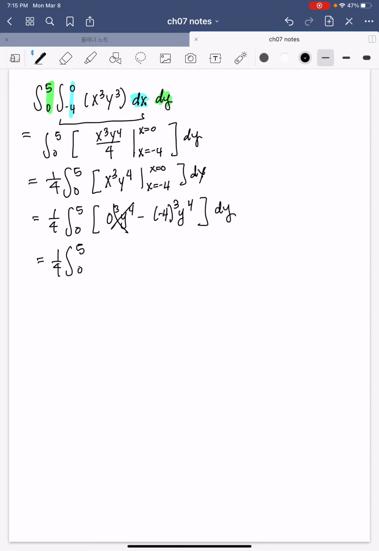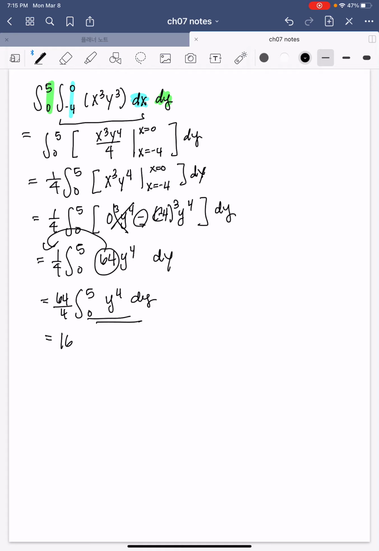Negative 4 cubed is negative 64. With this negative, I'm going to have positive 64 y to the 4th dy. Pulling out the 64 outside, we have 64 over 4, 0 to 5, y to the 4th dy. 64 divided by 4 is 16.